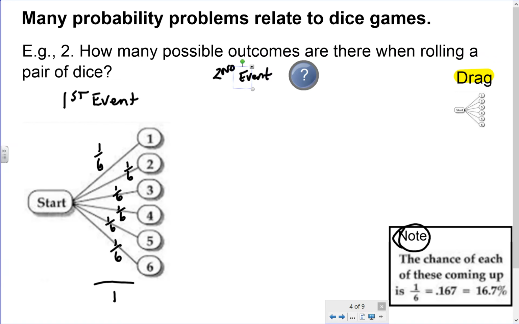So what you can see and appreciate is that off of each first event, we now have a possibility of 6 outcomes off of each of those outcomes from the first event. So we really end up with 6 groups of 6.